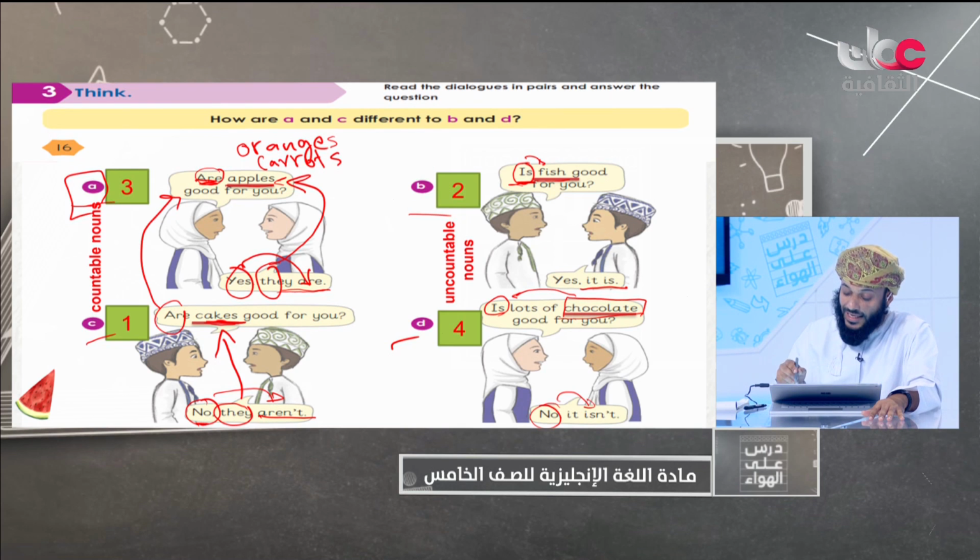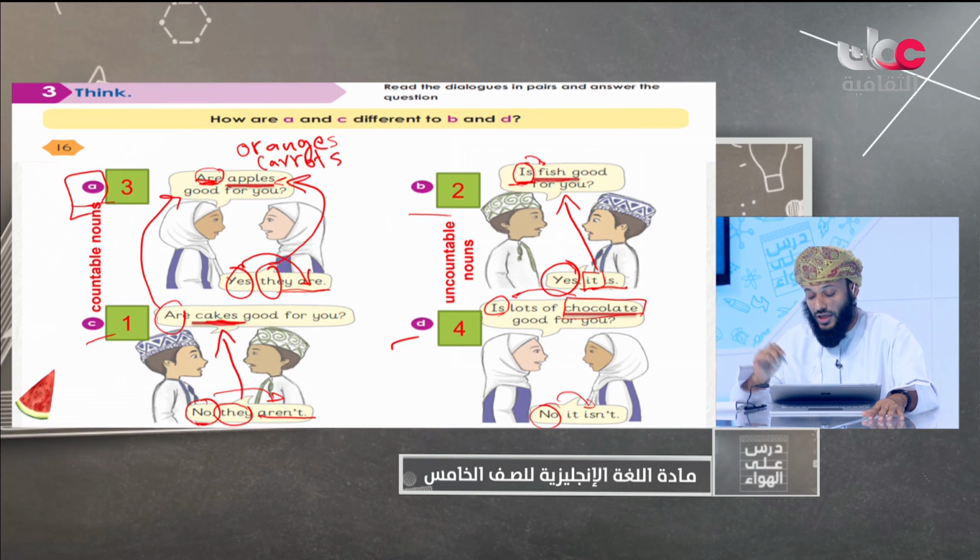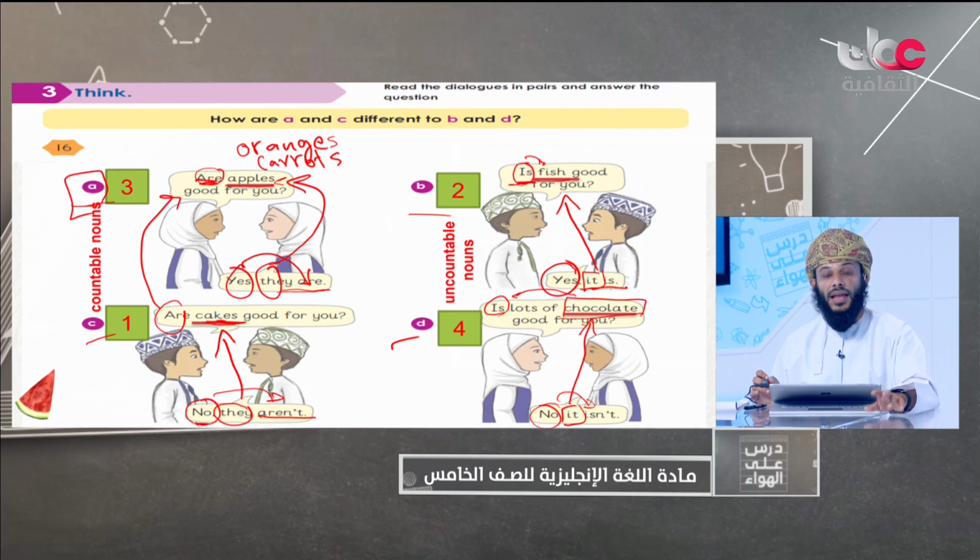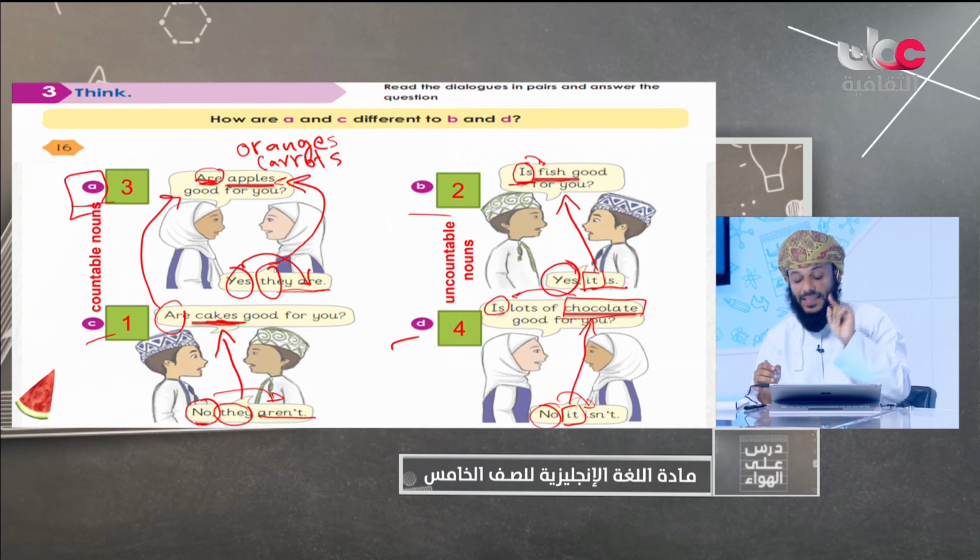Is lots of chocolate good for you? If the answer is yes, it must be followed by it, because it goes back to the uncountable noun, which is fish here and chocolate here. If the answer is yes, we say yes, it is.